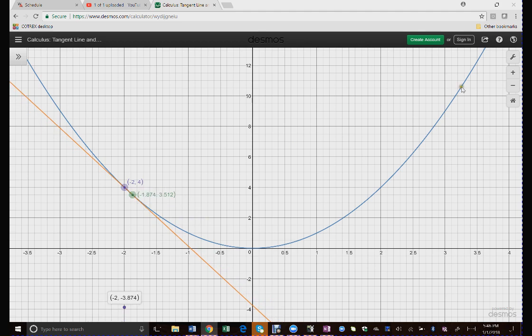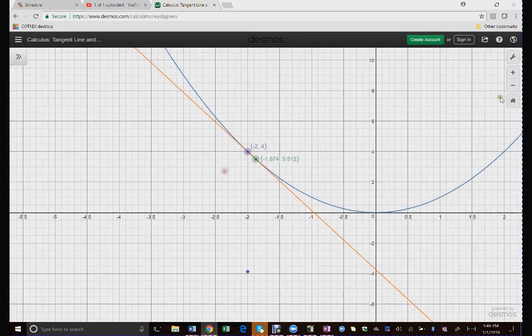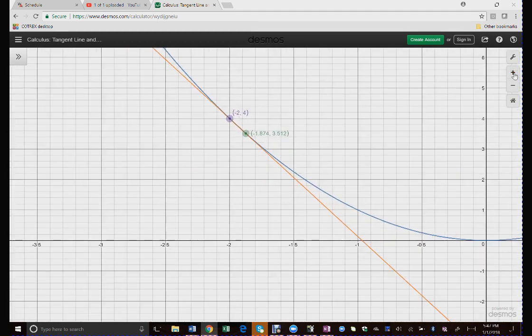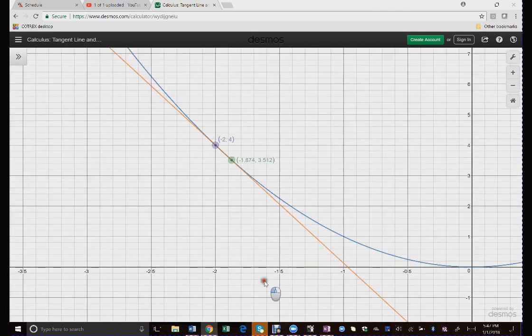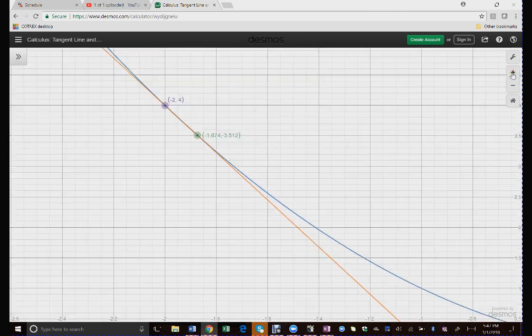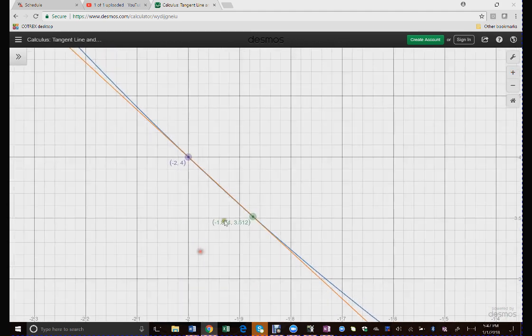However, if I zoom in, let me just move all of this to the center and zoom in. As we zoom in, you'll notice something. It allows me to manipulate the situation where I can get my points y2 much closer to y1 and still not be on it.